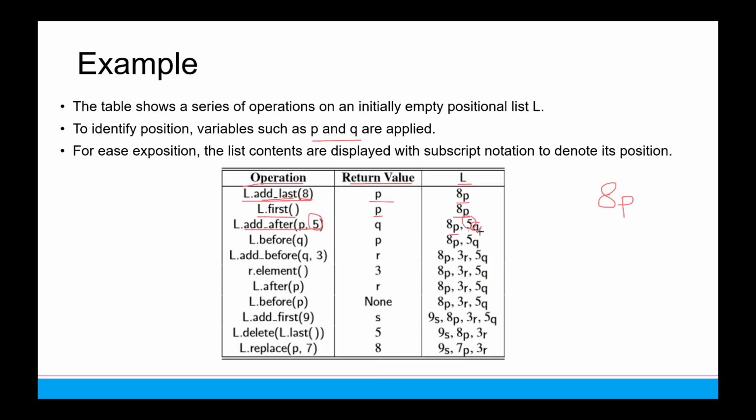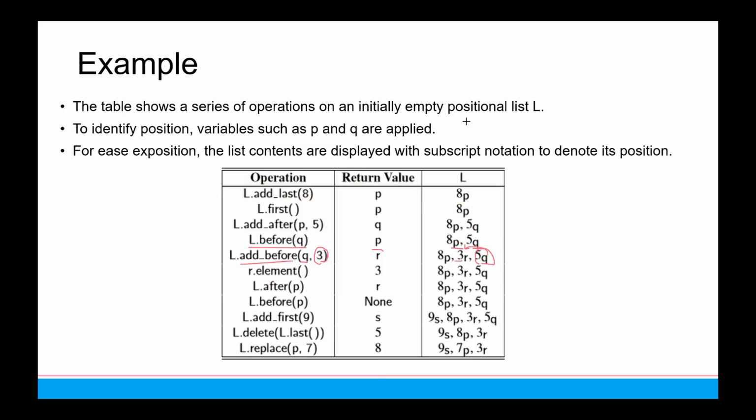Then we have 8 at P and 5 at Q. Next, we want to see before Q. Before Q is P. This is Q, and before Q is P. And then we want to add before Q with element 3.